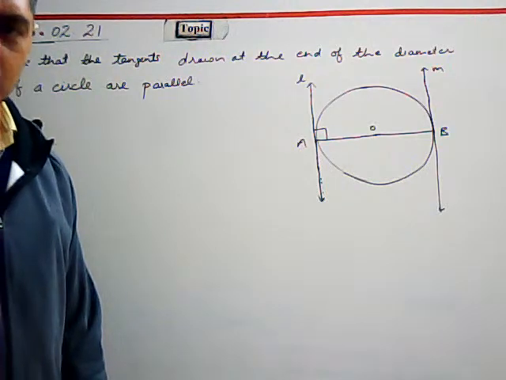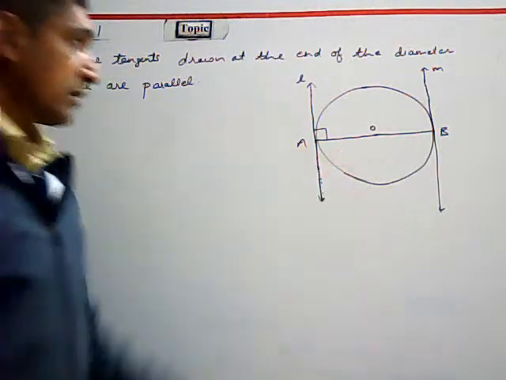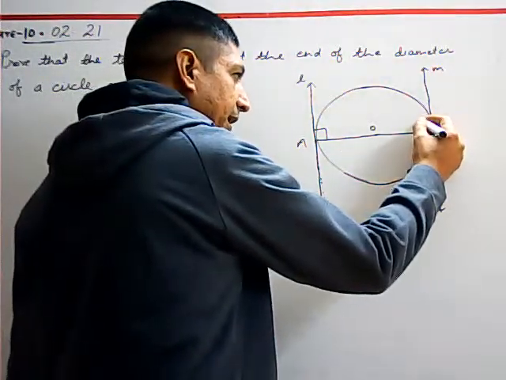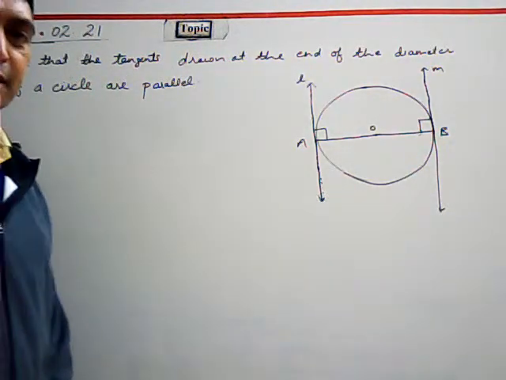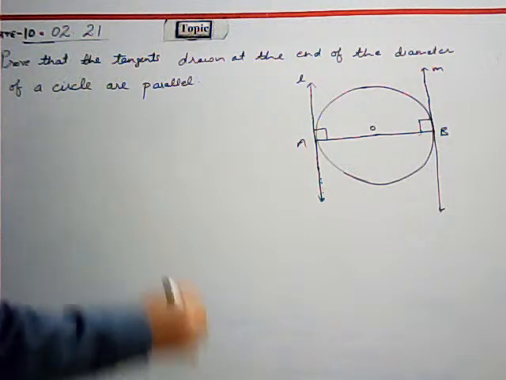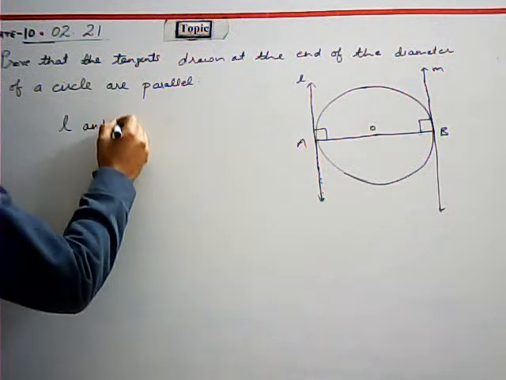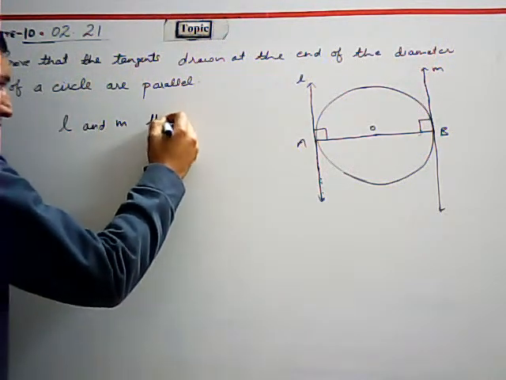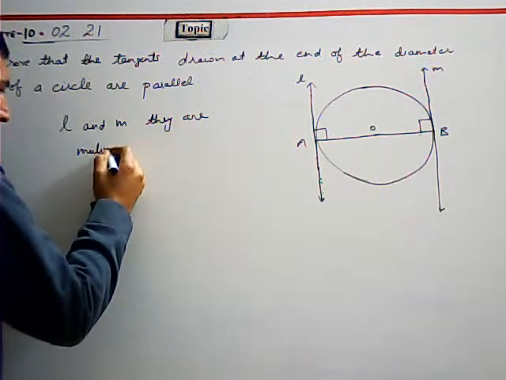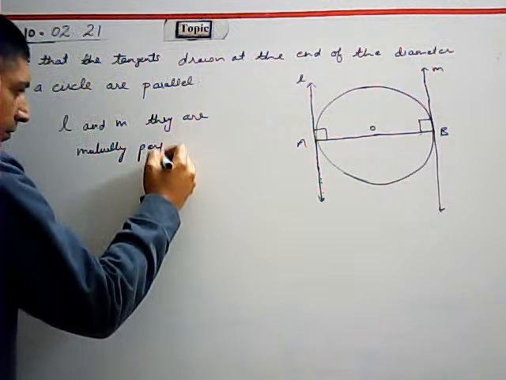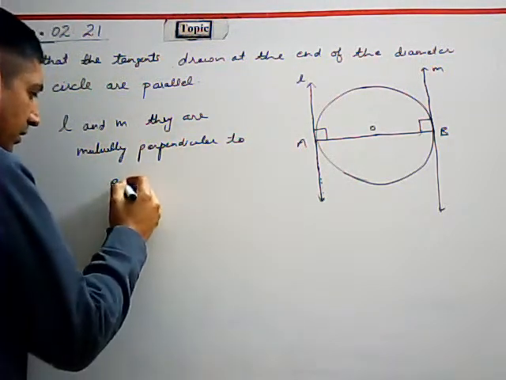In the same way, at point B also the angle is 90 degrees. So line L and line M are mutually perpendicular to the radius.